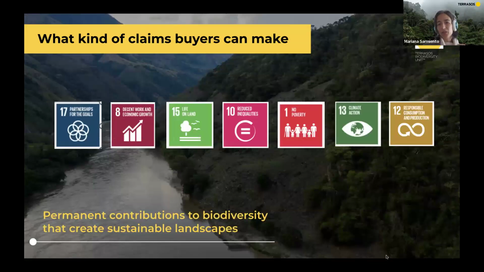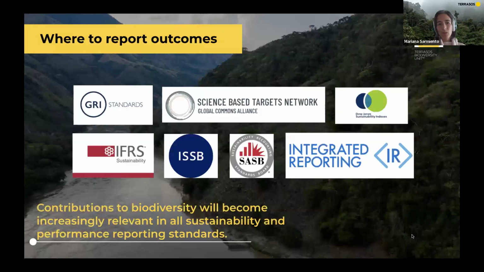And then finally, some of the claims that buyers can make when they buy tables in terms of how they're contributing to SDGs. Next. Where they can report. Many of you know that GRI just updated their biodiversity standards. So tables become a clear way in which you can begin to communicate that.